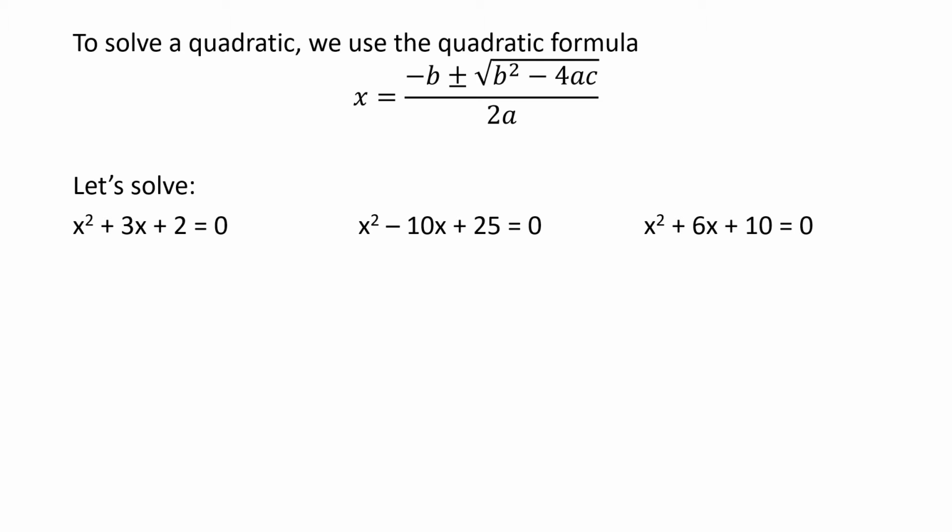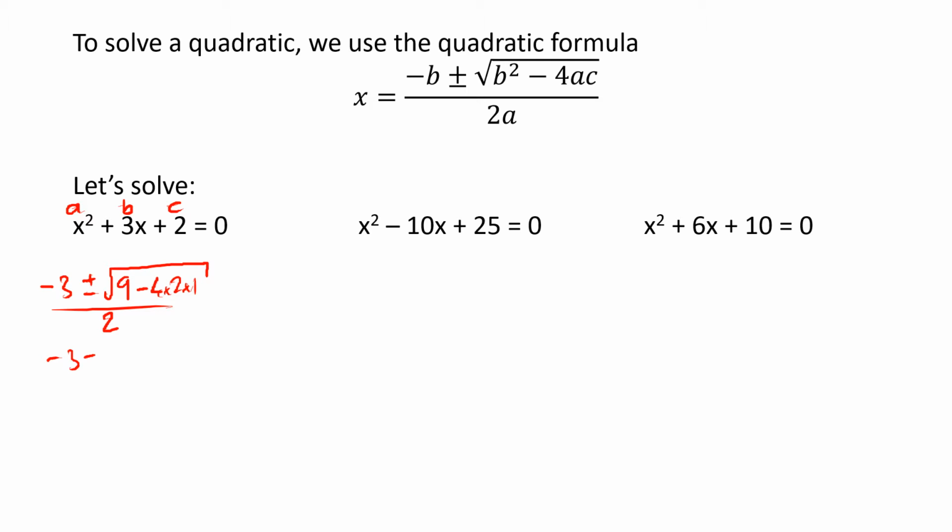There it is. We've obviously used the quadratic formula many times to solve quadratics, and I'd like to do these three quadratics as an example. So obviously we say that we have got a, b and c, and we substitute those values in. So we've got minus 3 plus or minus the square root of 9 minus 4 times 2 times 1, all over 2.